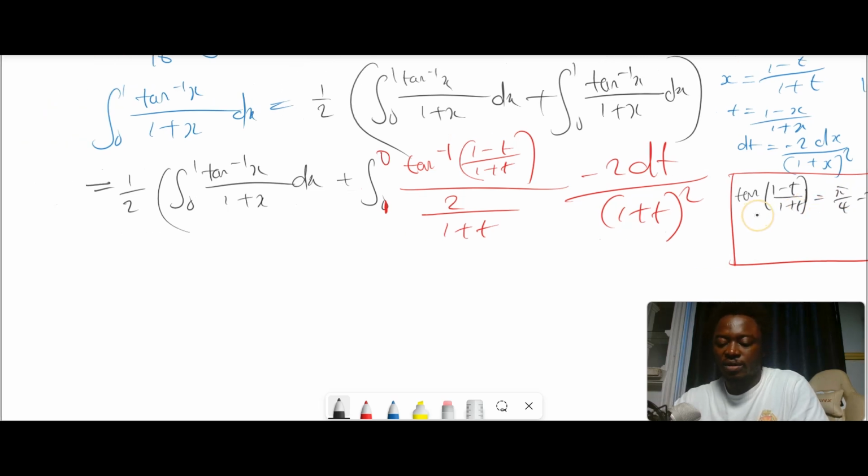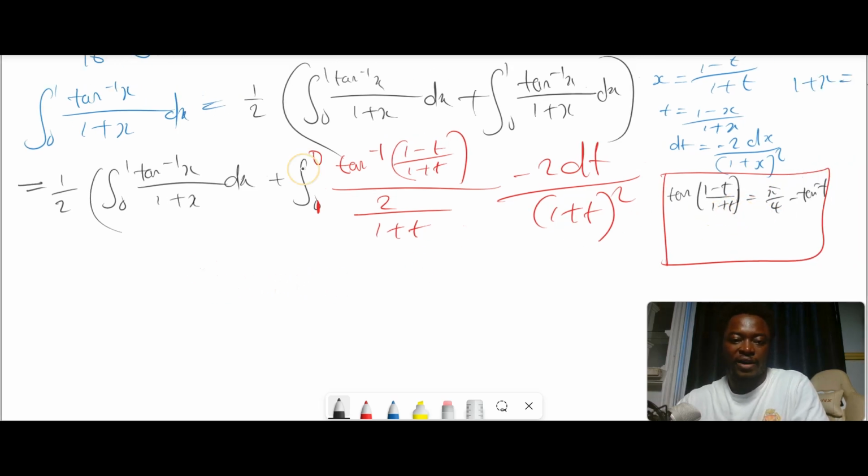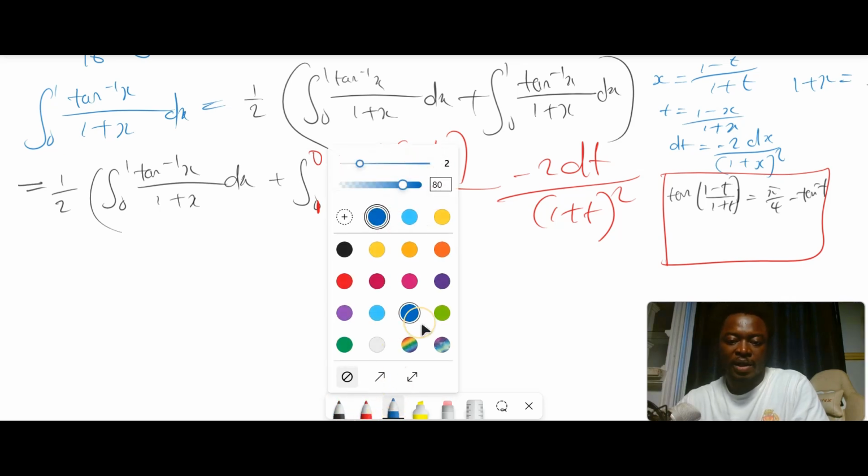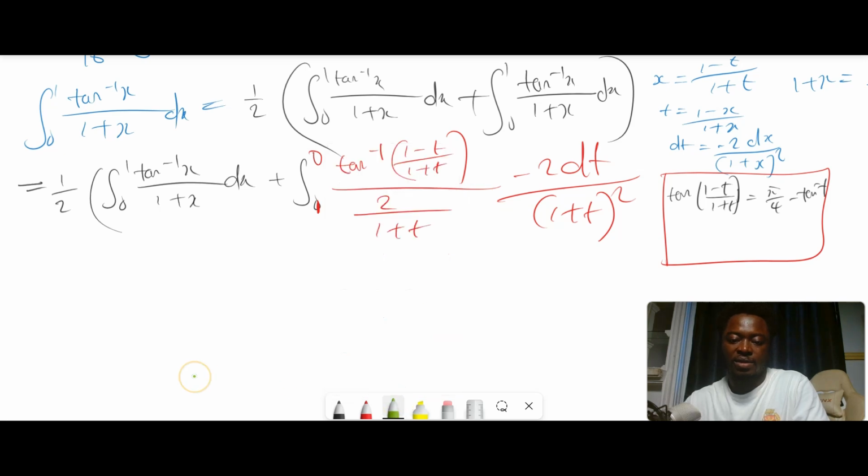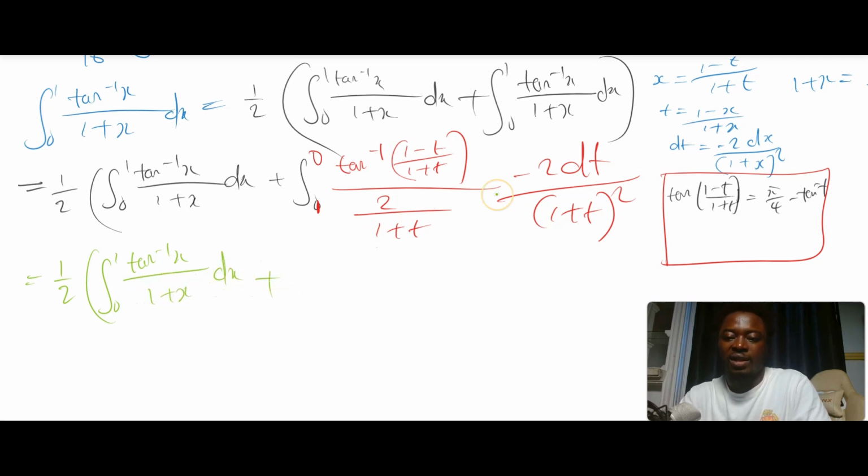So if we borrow this fact, which can also easily be proved, you would end up with this: half the integral from 0 to 1 of tan inverse of x all divided by 1 plus x dx. On the other hand, the negative and negative will become a positive.